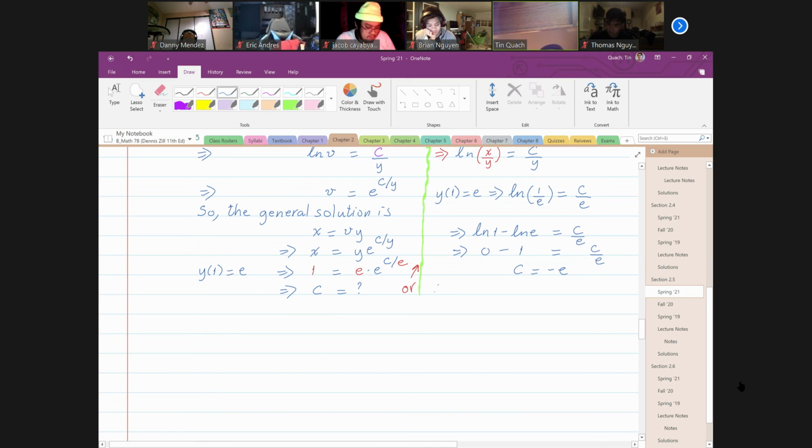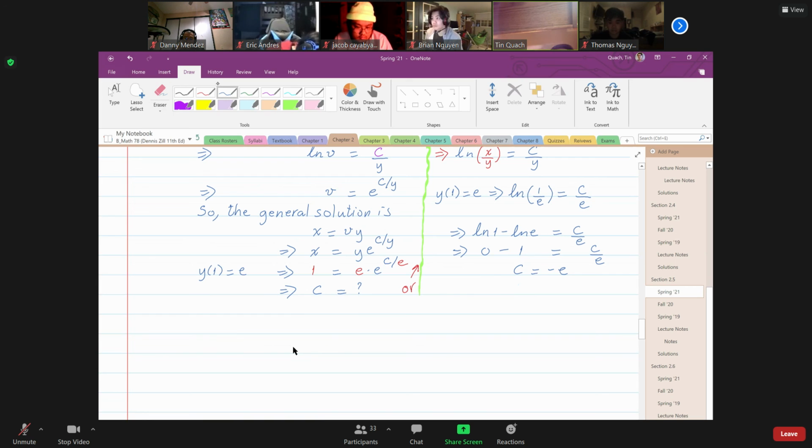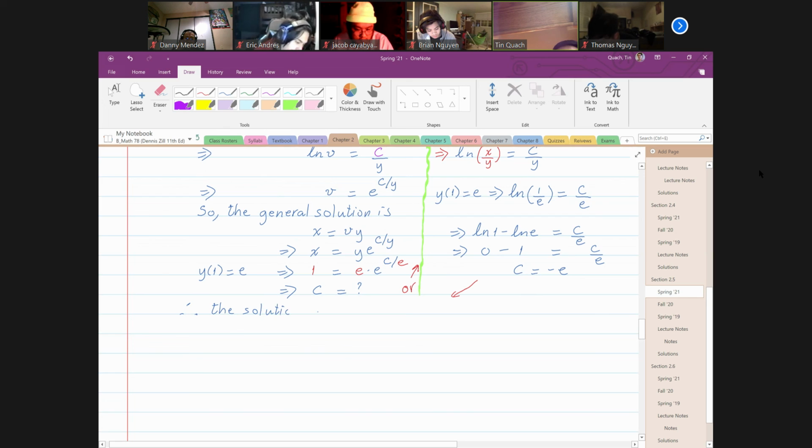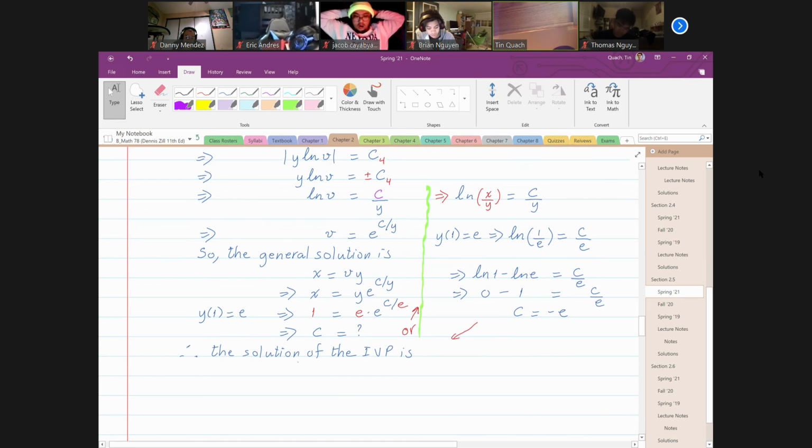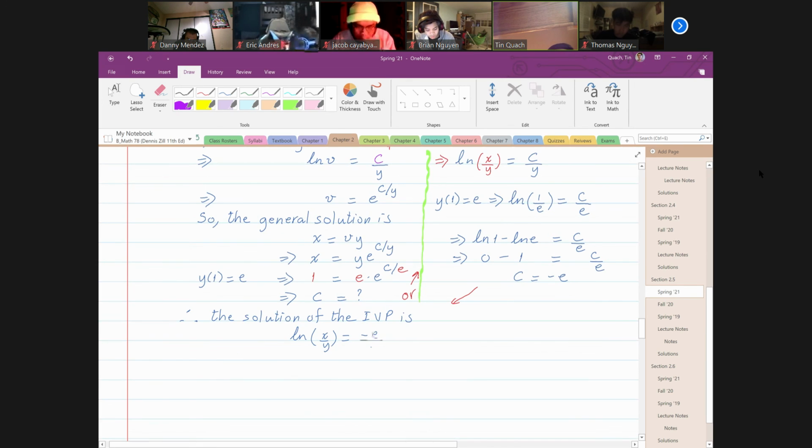So therefore, the particular solution. Let me write down here. So from here, therefore, the solution of the IVP is ln of x over y equals c, which is -e over y.